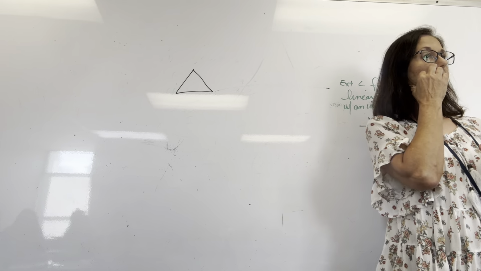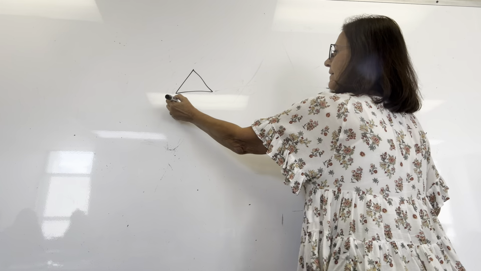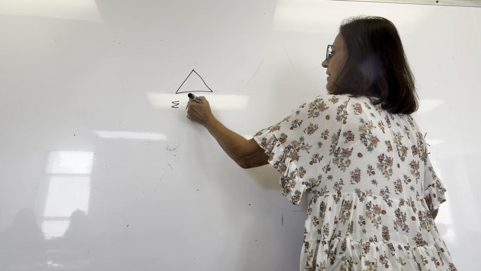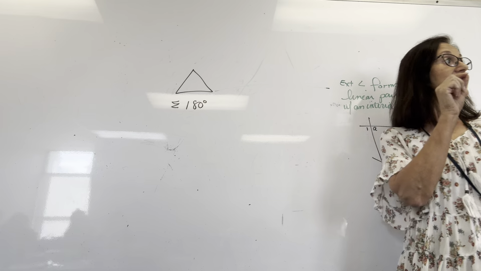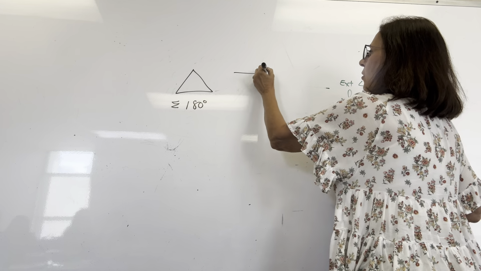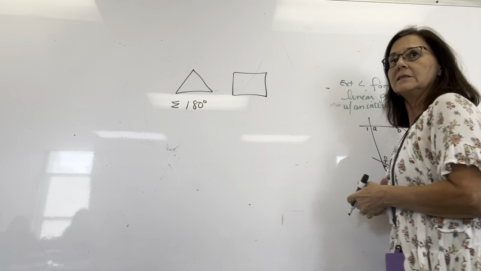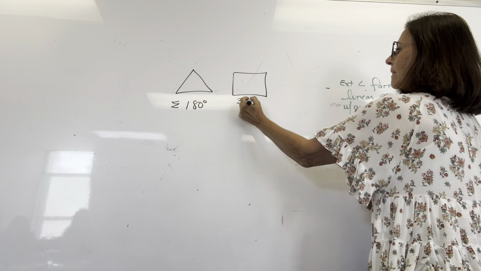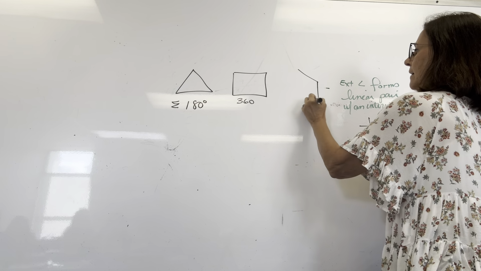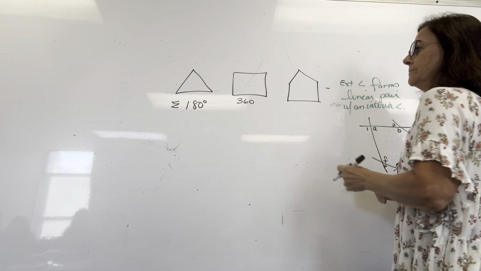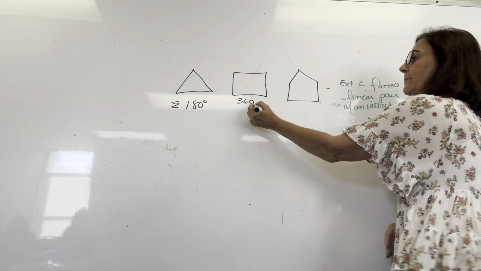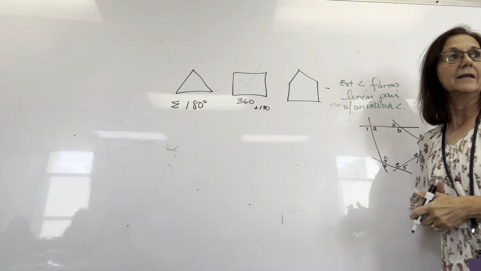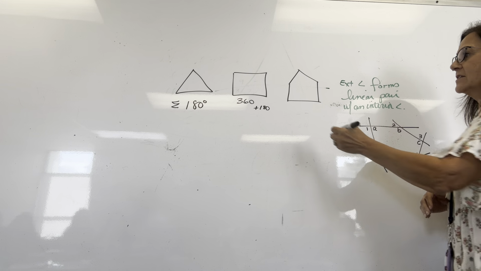What's the sum of the angles? 180. I'm talking interior. All right, a quadrilateral. What's the sum of the interior angles? A pentagon. 540. You keep adding 180.